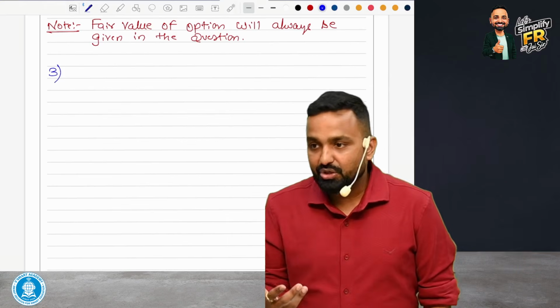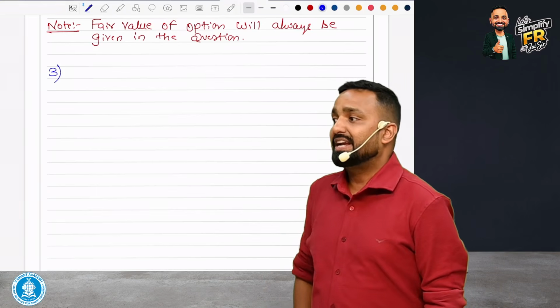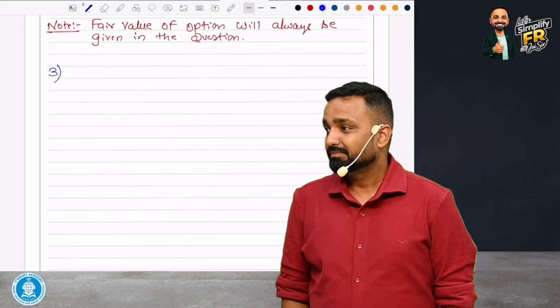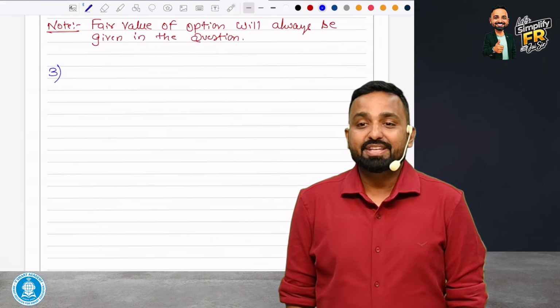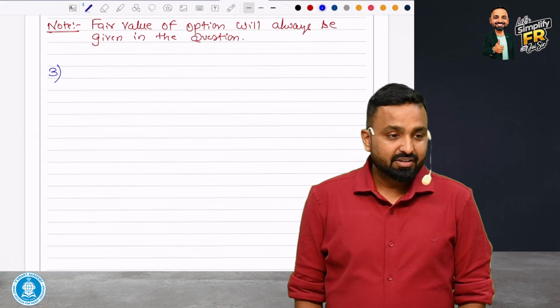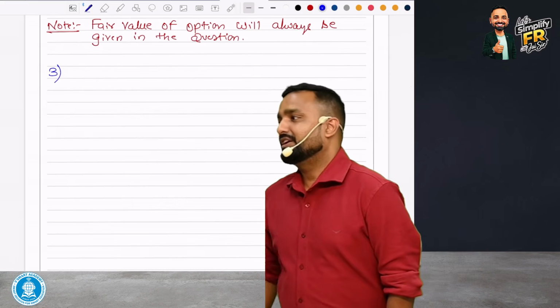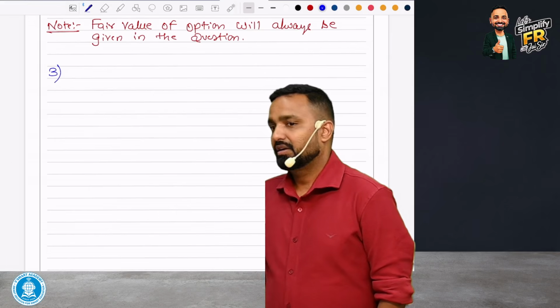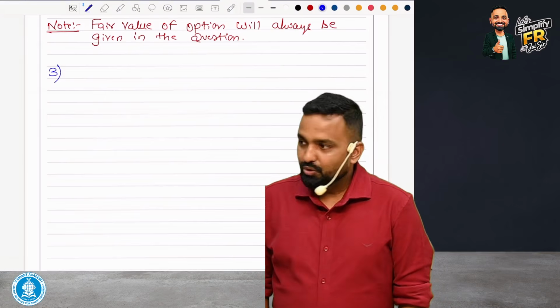Whatever I am teaching you right now is based on a particular Ind AS which is called financial instruments. You remember Ind AS 32, 107, 109. The definition of equity is derived from that chapter. Have you understood this? You understood three situations?